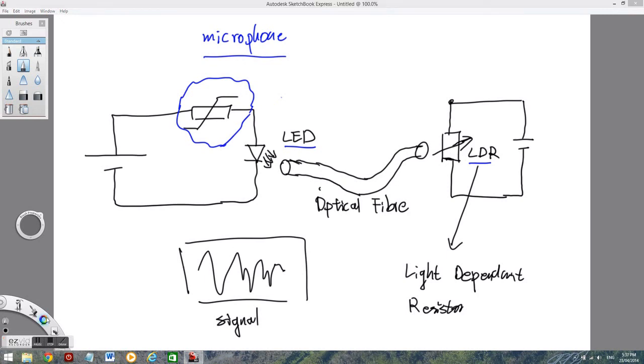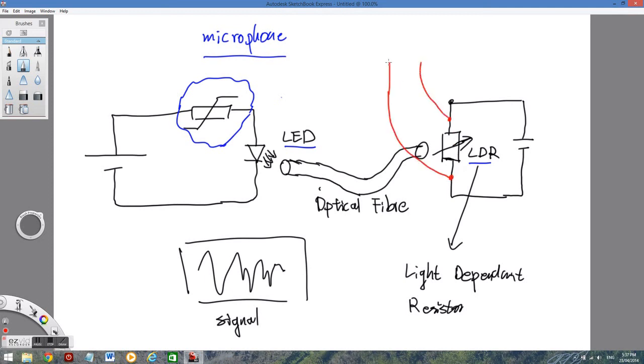In this case, I connect the output of the LDR to an amplifier, and then I connect the amplifier to a speaker. The speaker is able to broadcast what I was talking about.